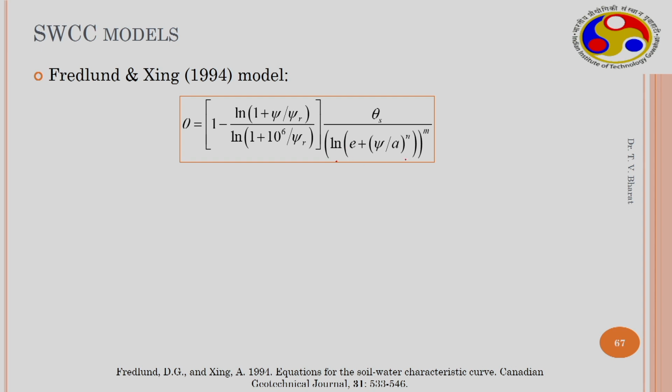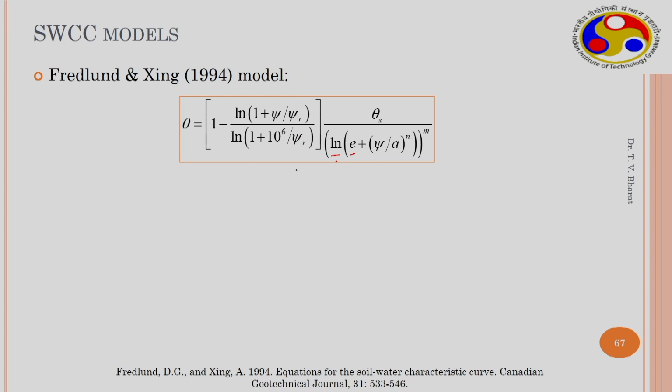So this is kind of similar to your Van Genuchten equation. However, you have log here and the exponential form here, exp of 1, and you have one coefficient or variable here before this one.